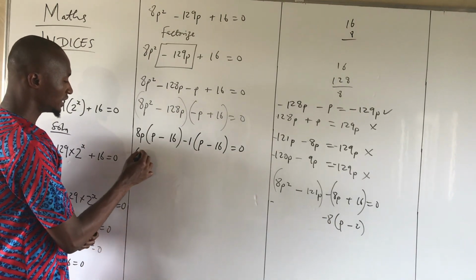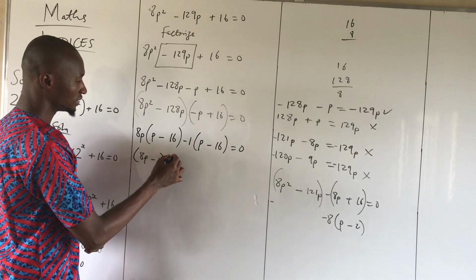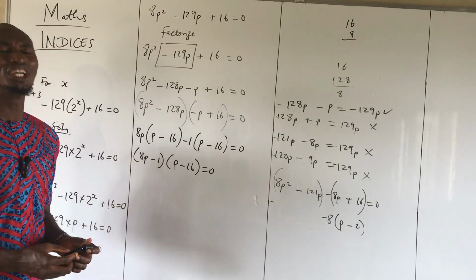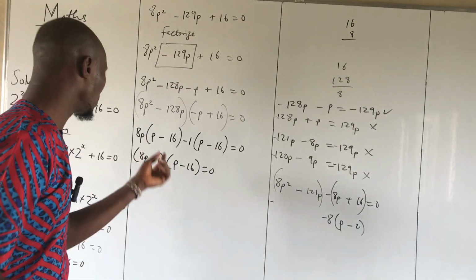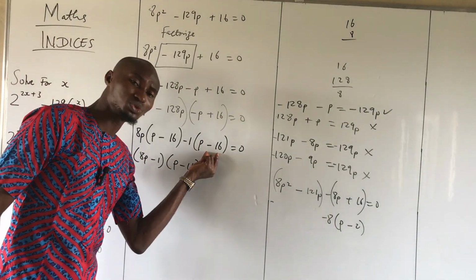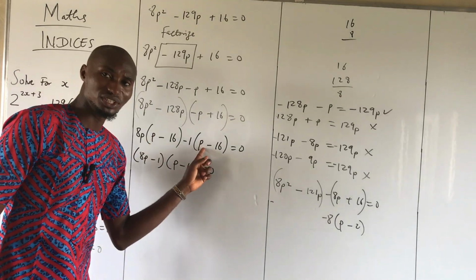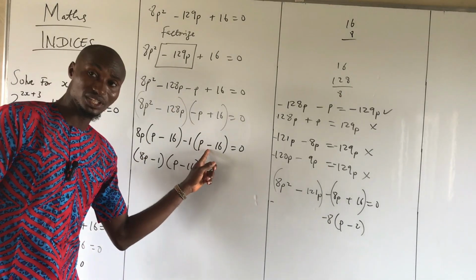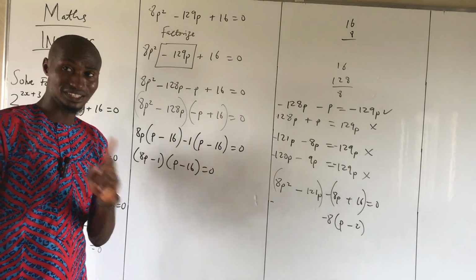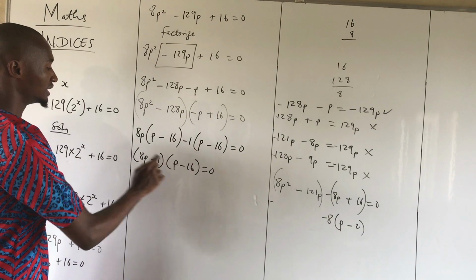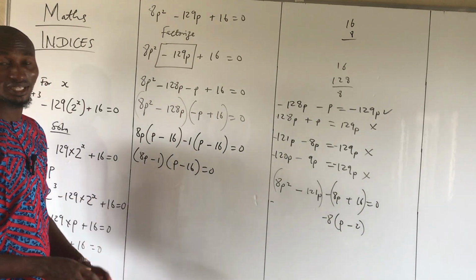So here, you group them: 8p minus 1 and p minus 16 equals 0. Again, take note, if you are solving factorization, what you have in this bracket must be the same as what you have in that bracket. If you have minus here, there should be minus here. If you have plus here, there must be plus here. If you have minus and plus, there's a problem. Then you pick one of the brackets.